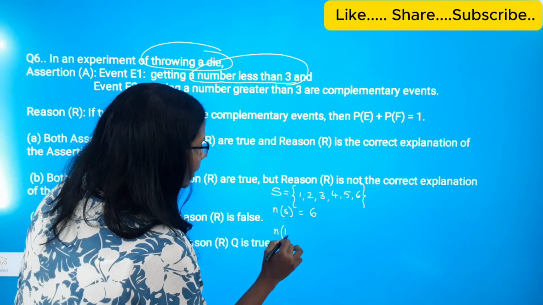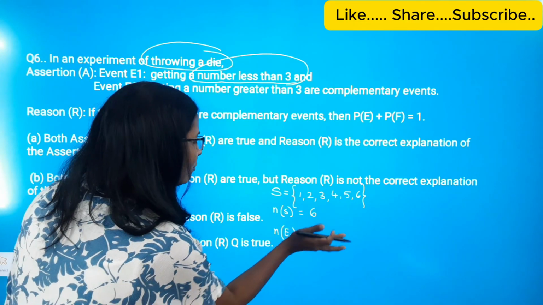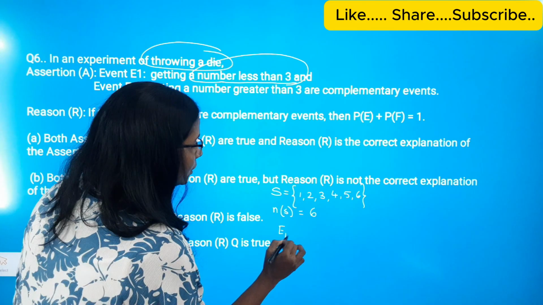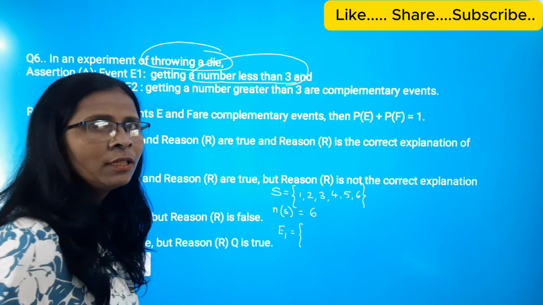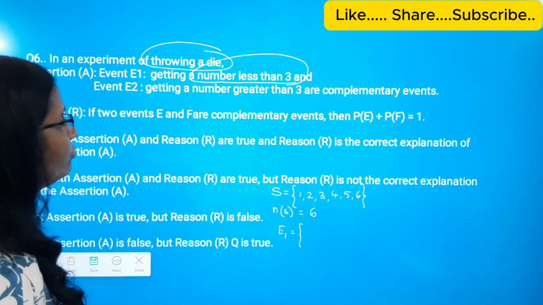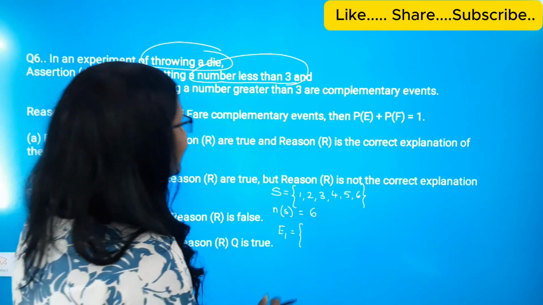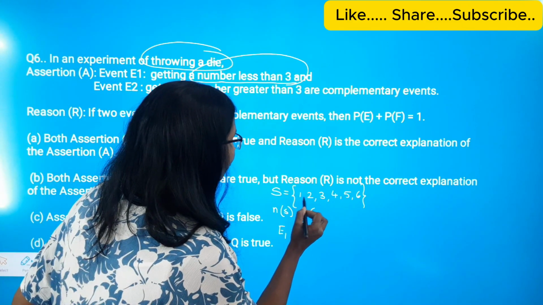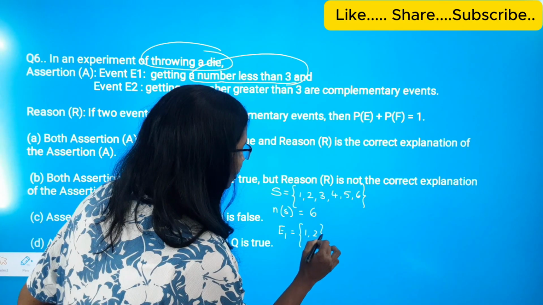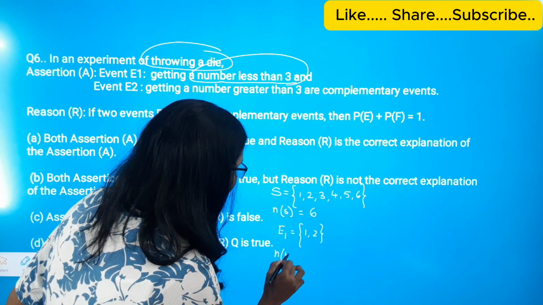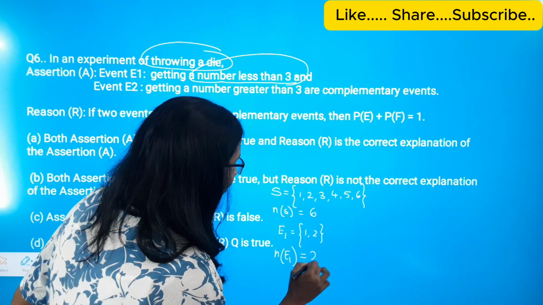Consider E1, the set of the event. The number is less than 3, so 1, 2. So n of E1 is equal to 2.